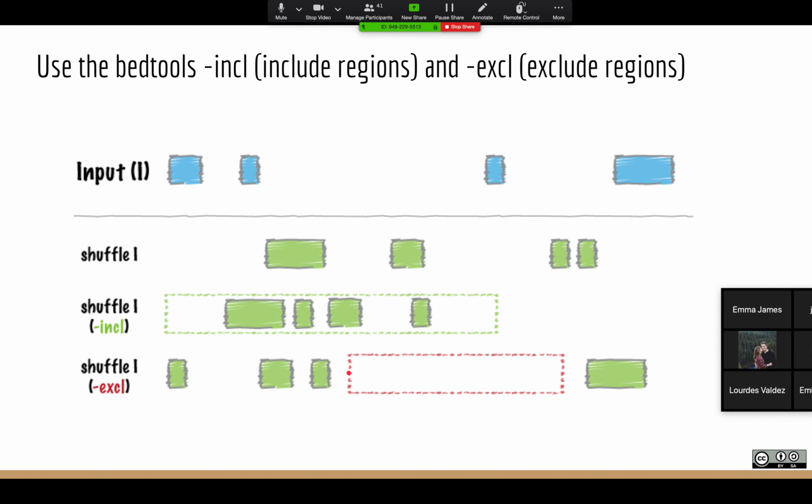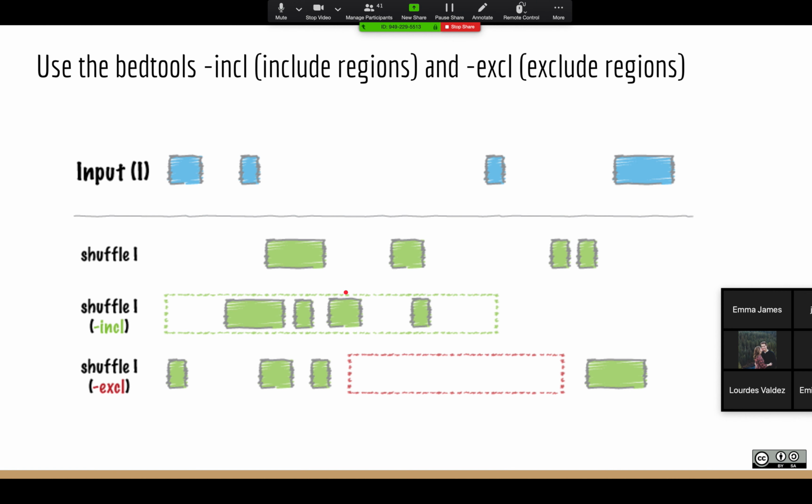The flip of that is if we use Exclude, this is a region in red that is off limits. You cannot shuffle intervals there. And you can use both include and exclude regions. So you might define this green box as an include, but as a separate file, you might have this exclude region. So therefore, the include region is subsetted to just this part that is not overlapped by the exclude region.